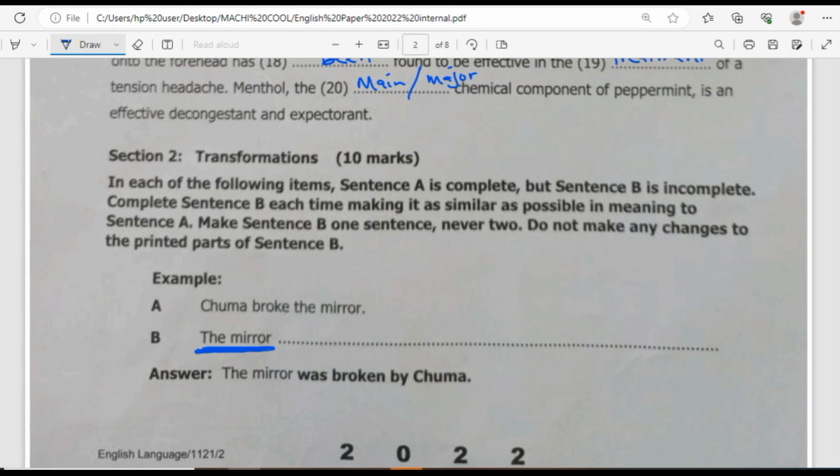Let me give an example of what we mean when we say two sentences. We can say, Mary is beautiful. Full stop. And then we say, Mary is hardworking.